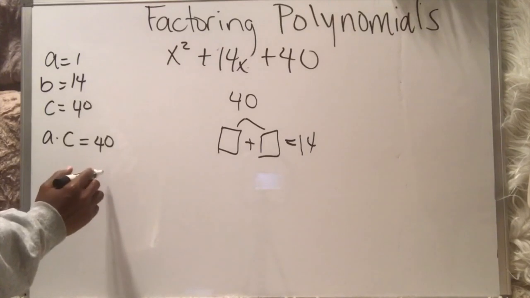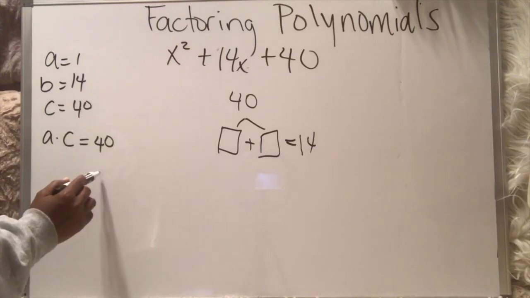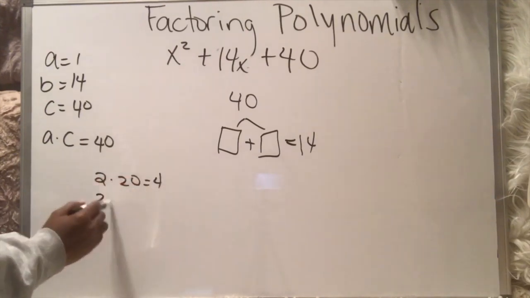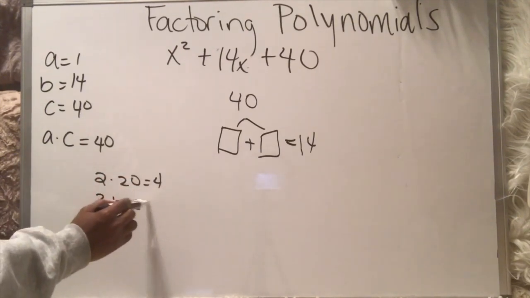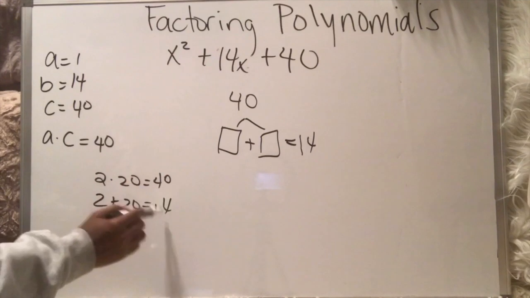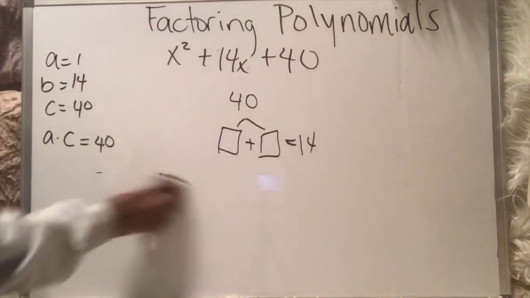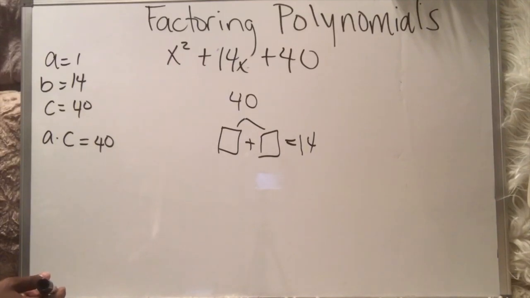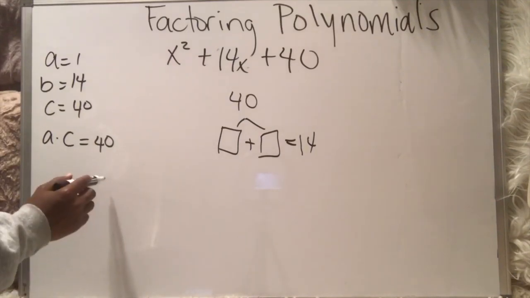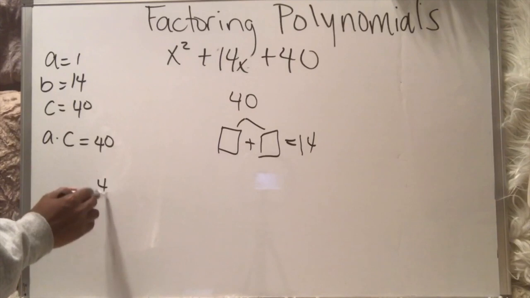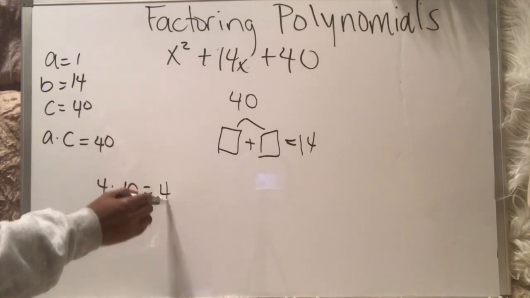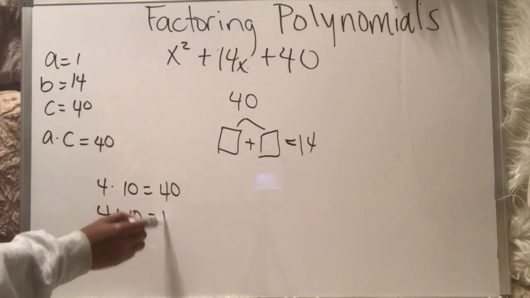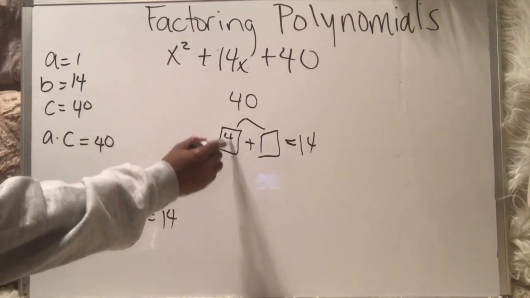We can try 2. 2 times 20 does give me 40, but 2 plus 20 does not give me 14. 3 doesn't go into 40 evenly. I can do 4. 4 times 10 does give me 40, and 4 plus 10 does give me 14, so I'm going to go with 4 and 10.